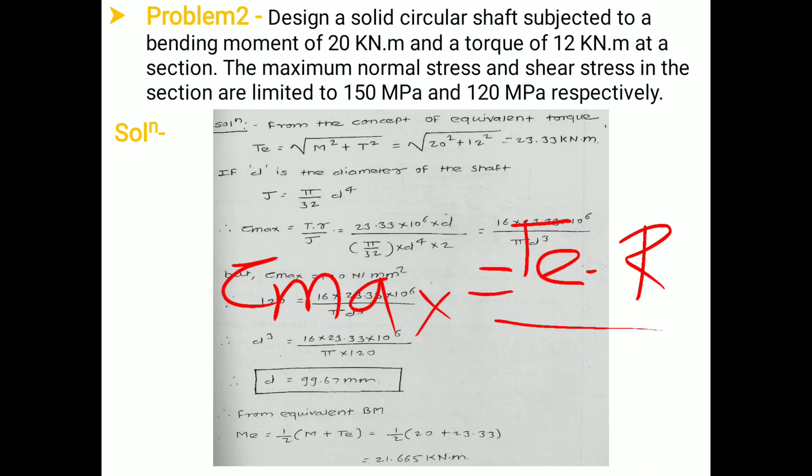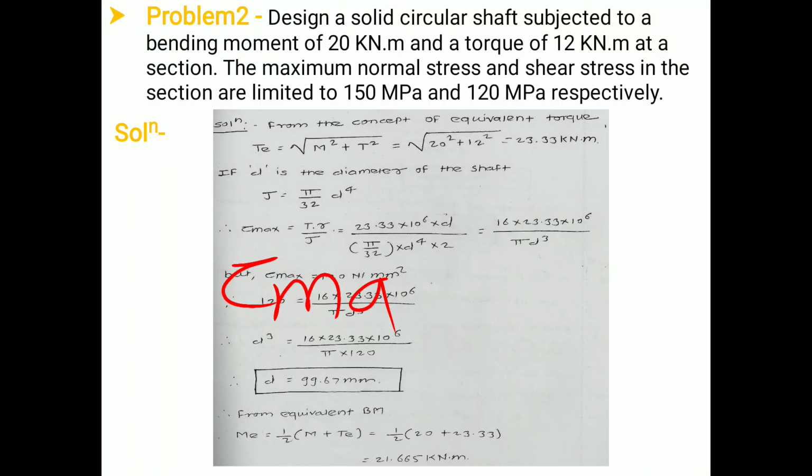Actually we are not going to find the maximum shear stress, we have to find the value of diameter. So tau maximum is equal to Te into r upon J. You put the value of Te, which we have already found, and the radius, which is half of the diameter, therefore it will become d by 2.